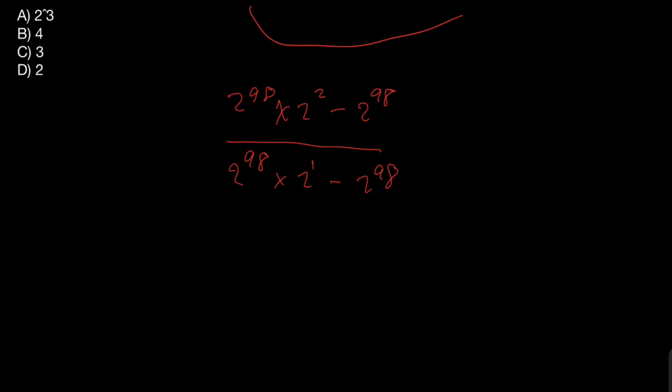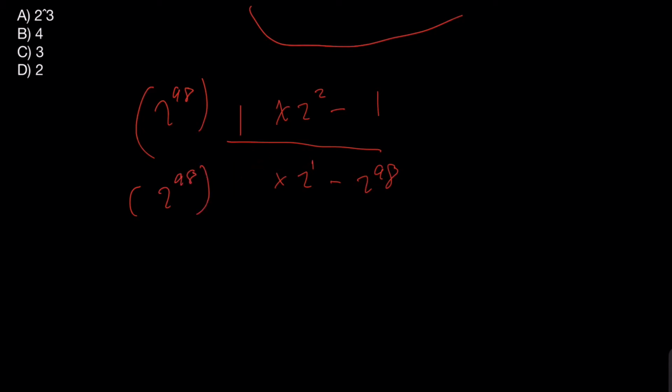Alright. So, take the greatest common factor of the whole thing. And that will be 2 to the power of 98. If you take this out, this all of a sudden becomes 1. And do the same thing below, 2 to the power of 98.